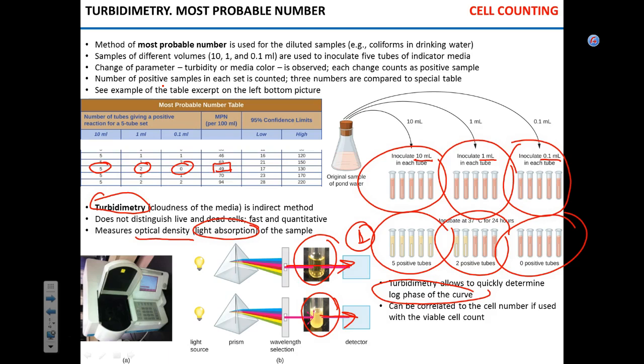Am I clear? But most likely, you have 49 cells in 100 mil. Does that make sense to you? Can there actually be 52? Yes. Or 47? Yeah. Absolutely. But we don't know. The highest chance is that you have 49. You see what I'm trying to say?